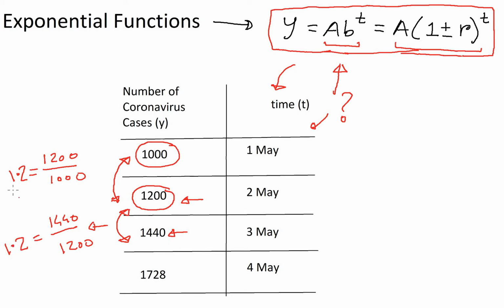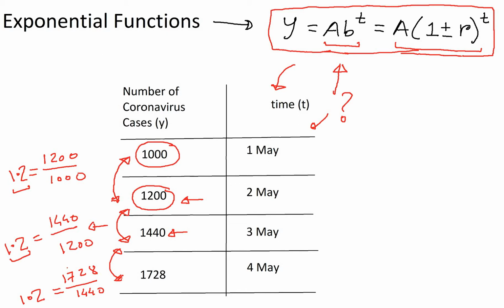So we can see that the factor is the same. Let's check the last pair. In this case, 1728 divided by 1440. This should also give you 1.2. You can find it out using your calculator.